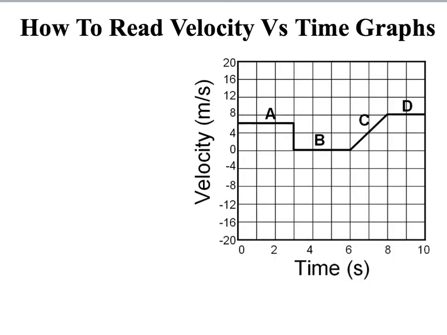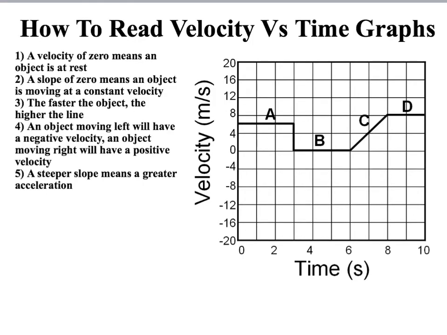So here's an example of the movement of an object plotted on a velocity versus time graph. At first, you might be a little bit intimidated, but then just think about our 5 rules. Now that we have our 5 rules right here, let's see what we can figure out.